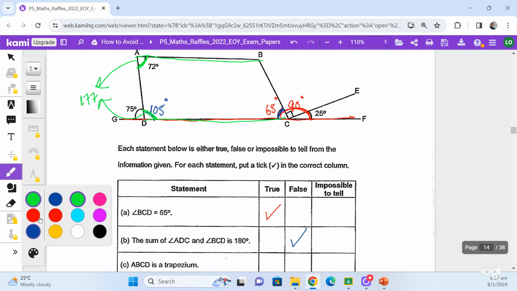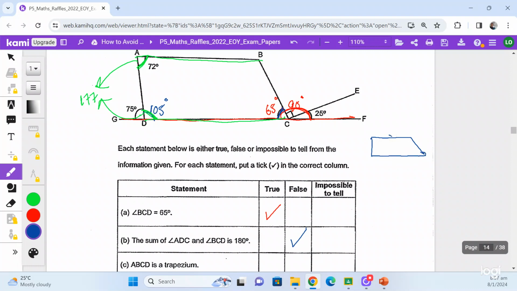Because in a trapezium, if there are two lines parallel, then the angles in between add together to 180 degrees. Likewise, over here, the angles between the two parallel lines add together to 180 degrees. So this is how you prove it. You cannot assume. It doesn't mean that because it looks like a trapezium, it has to be a trapezium. You have to prove it. So the answer for part C will be false because you have proven that it is not a trapezium.